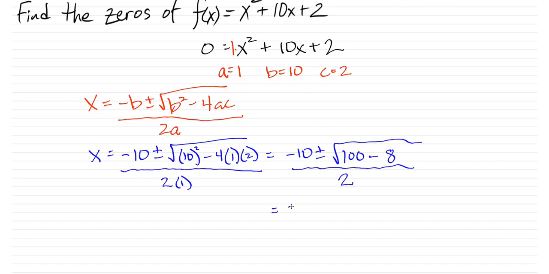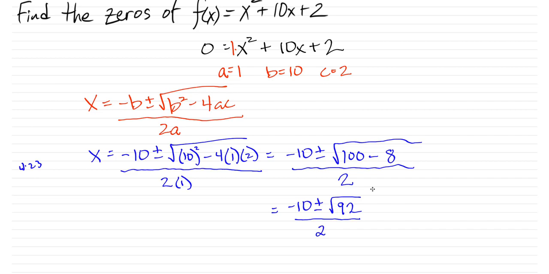Okay, and then I've got negative 10 plus and minus the square root of 100 minus 8. Square root of 92. 4 goes into that 23 times, and 23 is prime, so I guess that's it.